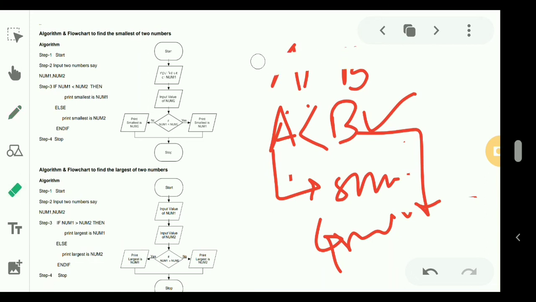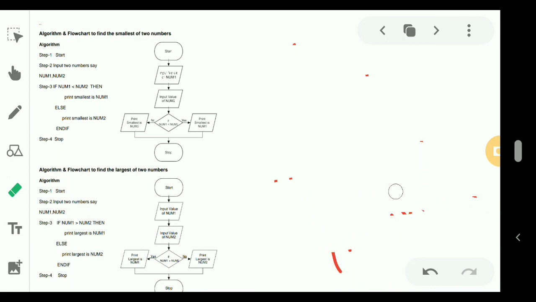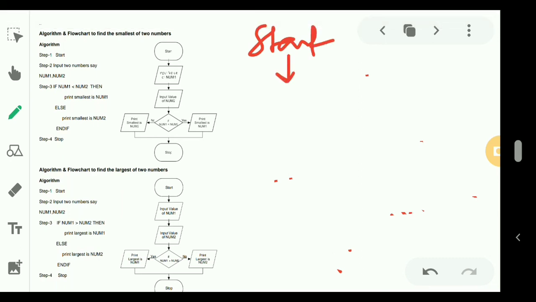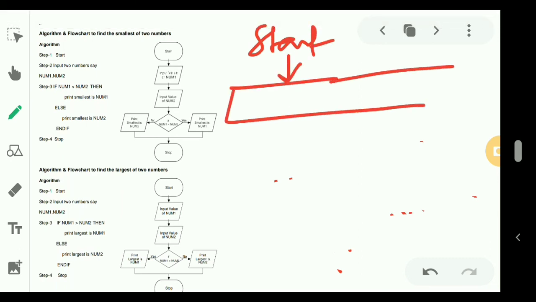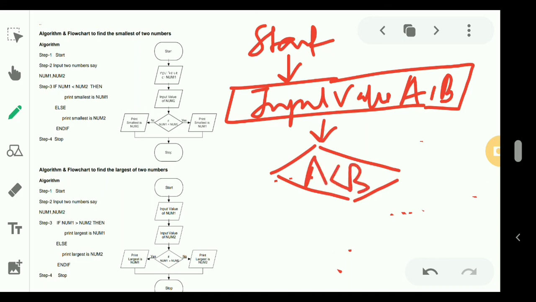Now we are moving forward to the flowchart drawing part. So first step is start. Second step is input value. It is done. Next we have to go for the checking purpose. We can go for two types of checking. First I am checking a is less than b or not.